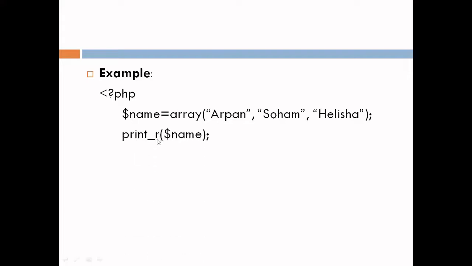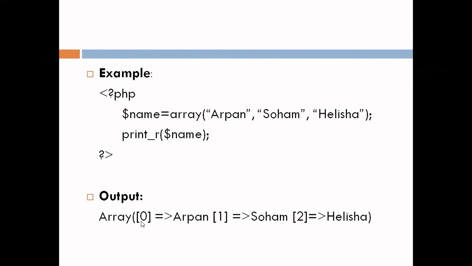Then print_r($name). Here, name is my array name, and I have used print_r, a function by which we can print array elements. Then the ending PHP tag. The output of the above code will be Array, in round brackets, 0 => Arpan.